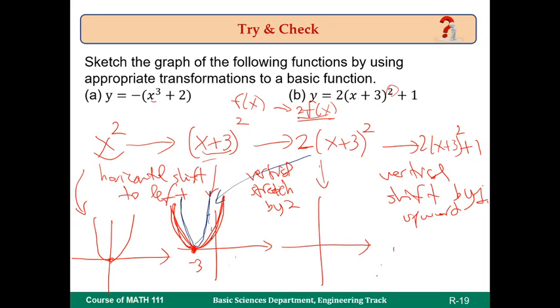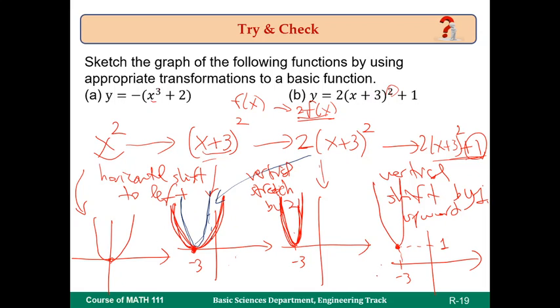So then you will have a narrow, thinner parabola here. And now this one is vertical, so we will shift it 1 unit up. So this one will go up 1 unit. And we'll have this narrow parabola here.